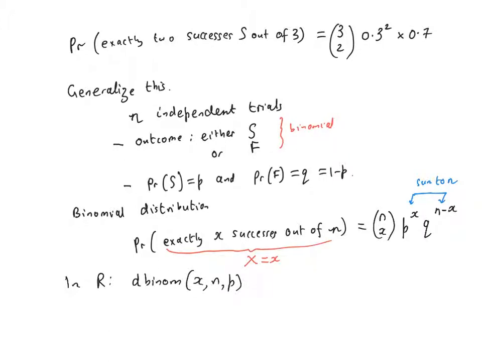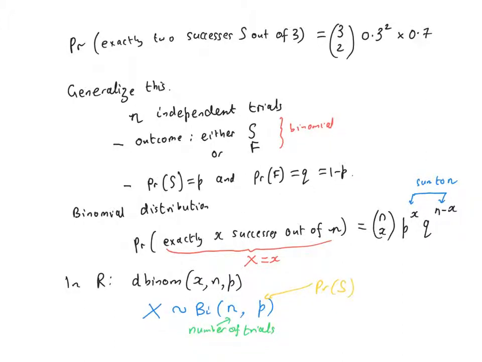So that would be the way you'd write it in R. In mathematics, we'd write X follows a binomial distribution with parameters n and p, where n is the number of trials, and this would usually be fixed by the design of the experiment, and where p is the probability of success.